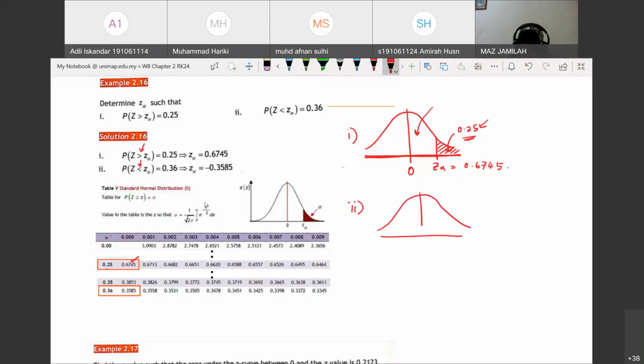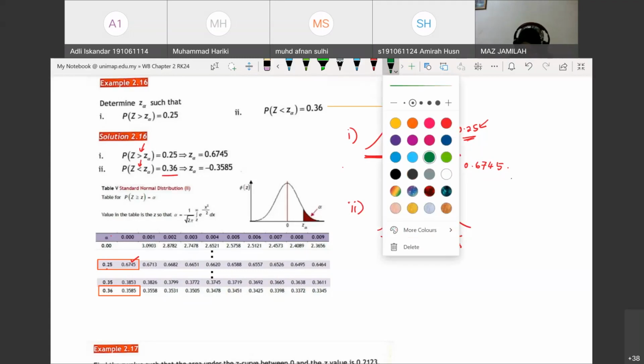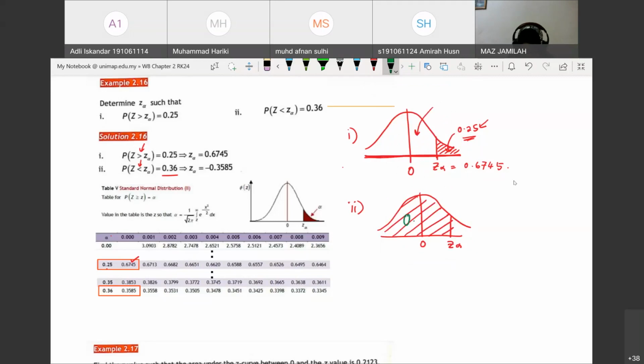If I sketch it this way, with 0 here and Z alpha here, and it says less than, it means the area will be less than your Z alpha. Now look at the probability value. 0.36 means that 0.36 is somewhere over here. Is it logical?